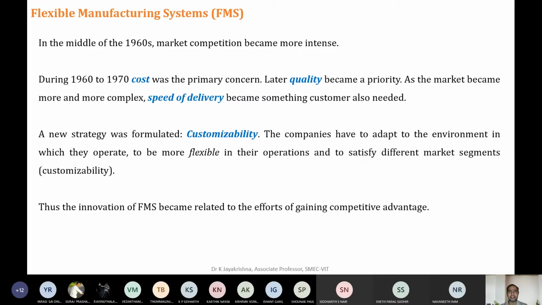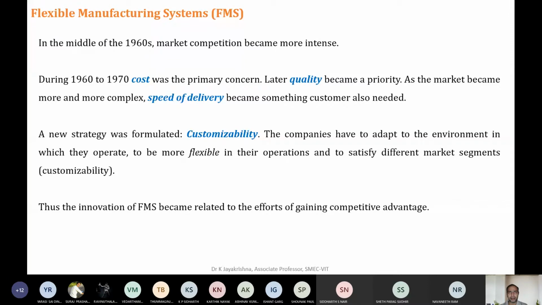So what is speed of delivery? A customer places an order, and within how limited a number of hours, or how little time, you are able to deliver the product to the customer, that we call speed of delivery.